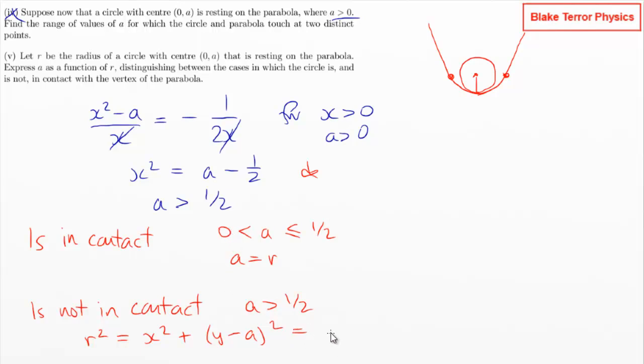So we've got x squared, so it's a minus a half, plus y is x squared, so another a minus a half, minus a squared, so they'll cancel. So we've got a minus a half then plus a quarter, so a minus a quarter is equal to r squared. So there, well, we've just got a is r squared plus a quarter.